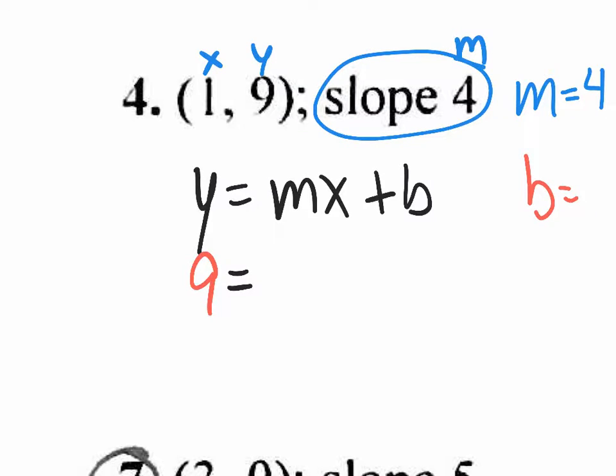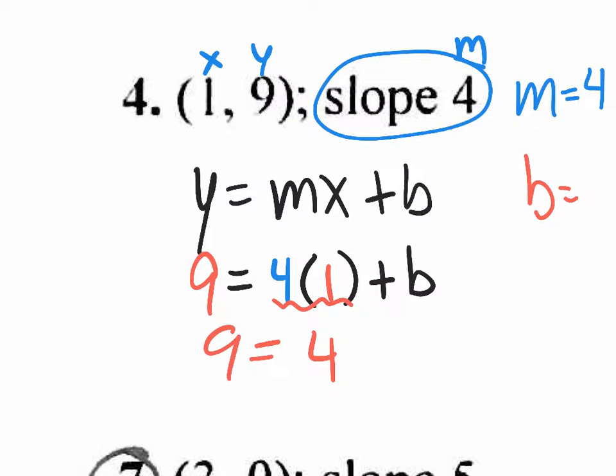The m value is 4 times the x value, which happens to be 1 in this case, plus b, which is what we would solve for. So I do the math. 4 times 1 is 4, so 9 equals 4 plus b. I'm trying to solve for b, so I need to get rid of that plus 4. What do I do? Minus 4 on both sides. What's my b value? 5.